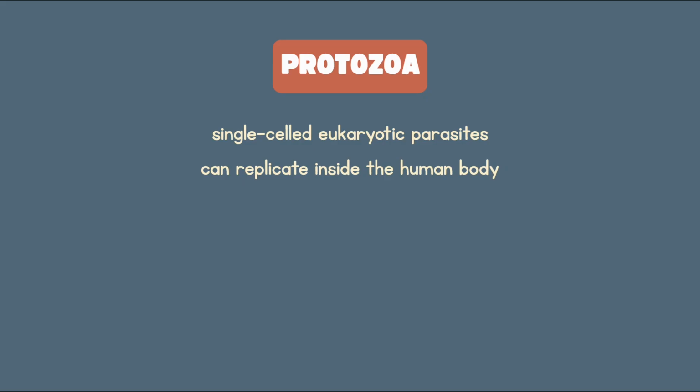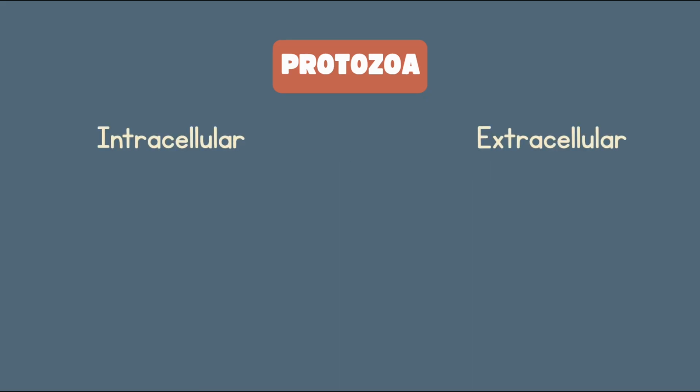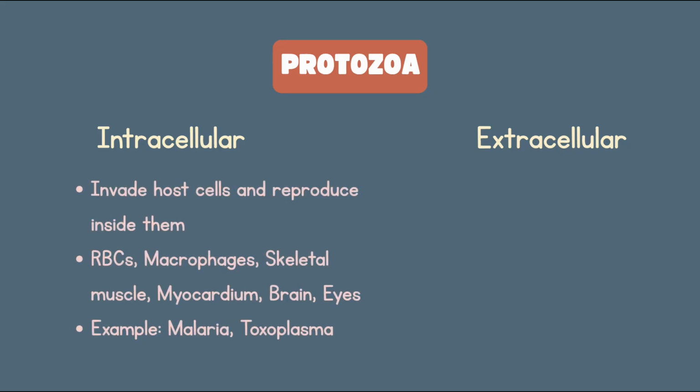So where do protozoa live in the body? When they infect our body, where do they go? They either live intracellularly or extracellularly. Now, intracellular protozoa invade the host cells and they reproduce inside of them. Examples of cells that they infect: RBCs, macrophages, skeletal muscles, myocardium, brain, eyes, etc. Examples: we have malaria.